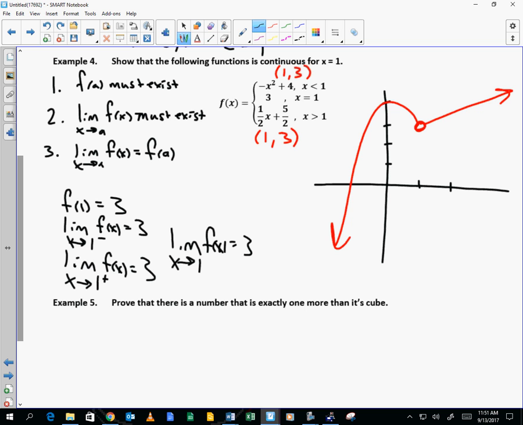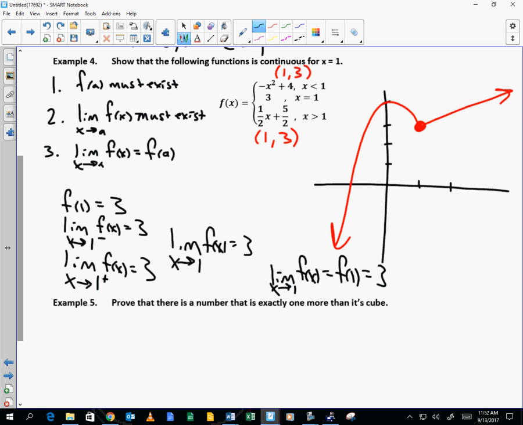So what then is the limit as x approaches 1? It is 3. Okay, we checked from the left, we checked from the right. We also checked that f of 1 was equal to 3. So finally, the limit as x approaches 1 of f of x is equal to f of 1.